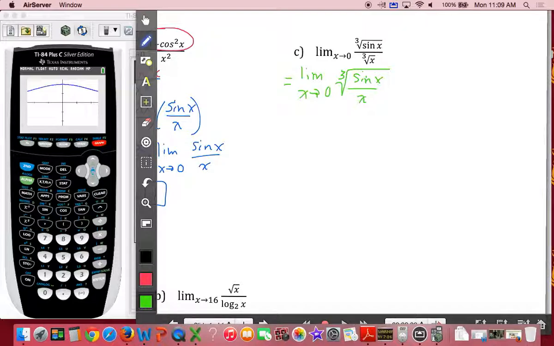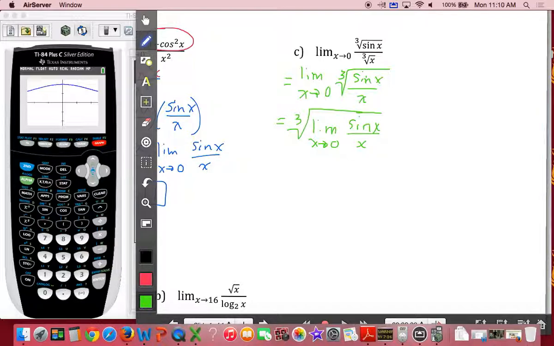Now, technically, we've got to take this cube root and this right here does not have a value of 1. Its limit does. So we'll take the cube root of the limit. So it technically has to be written as the cube root of the limit as x approaches 0 of the sine of x over x.